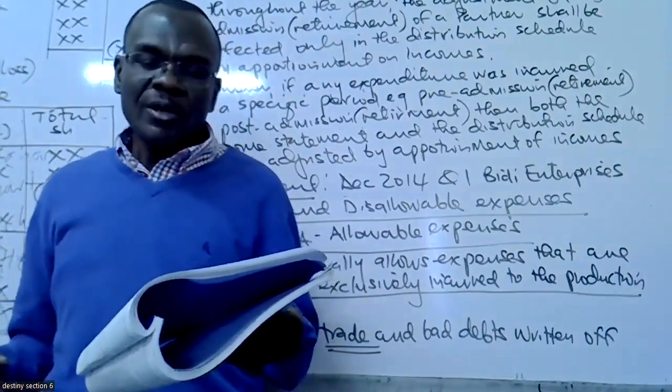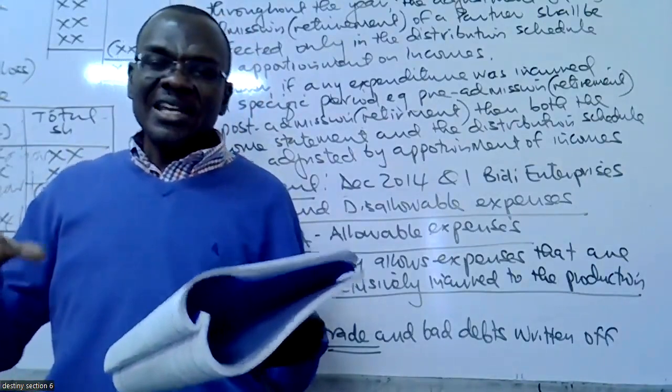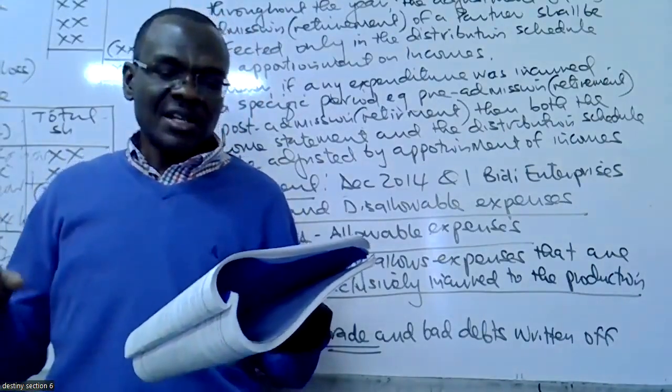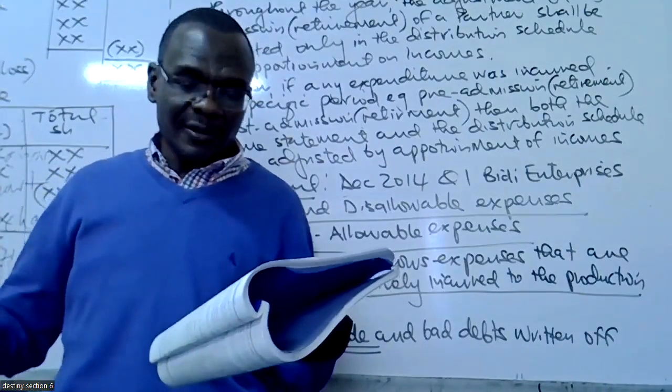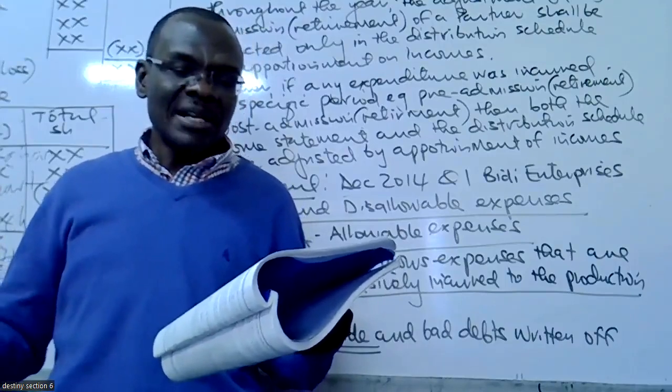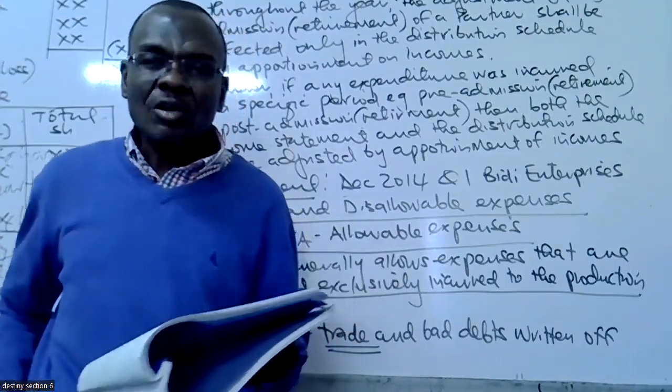Then number 4, capital expenditure incurred on clearing land and planting permanent or semi-permanent crops.